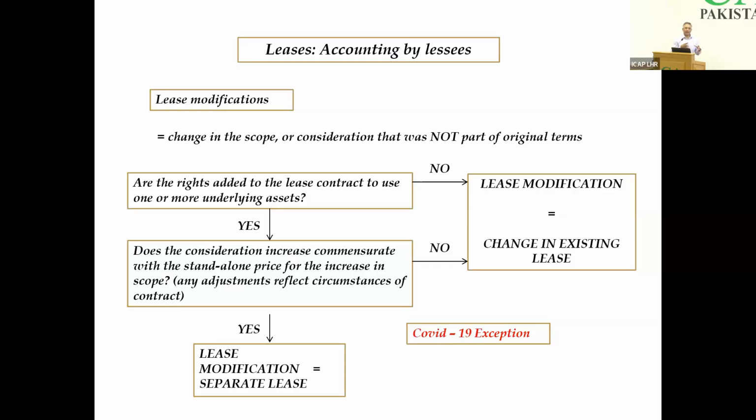So if there is a change in the lease payment because of the COVID-19 situation, although it's a modification of the lease contract, its accounting will be reassessment, that is, the change in the rentals will be a change in the value of the right of use and the lease liability, as we already discussed in the previous slides.